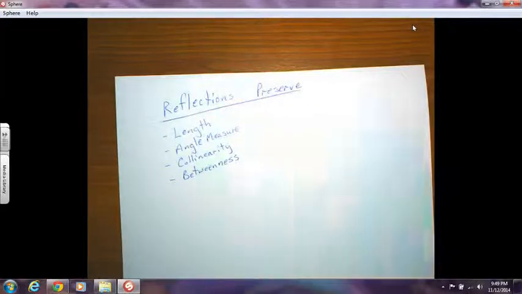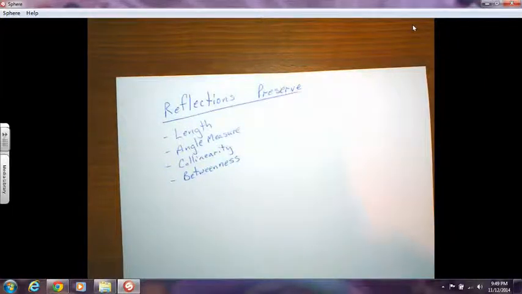So we've got these four things that are preserved by reflections: length, angle measure, collinearity, betweenness.